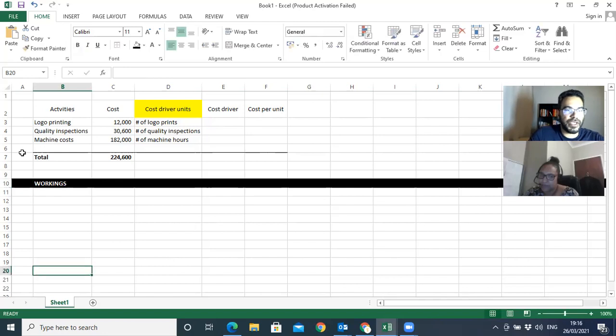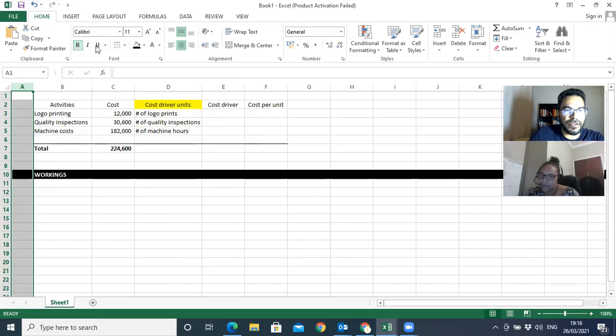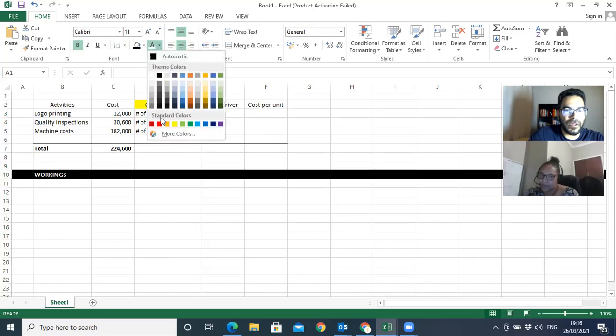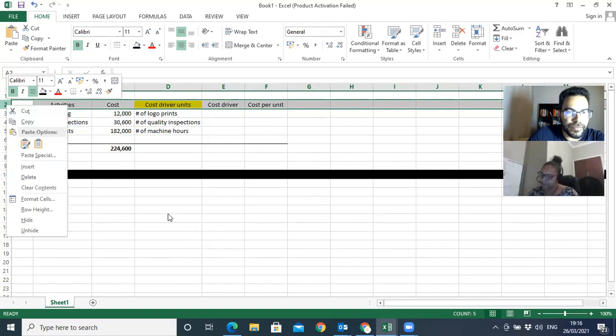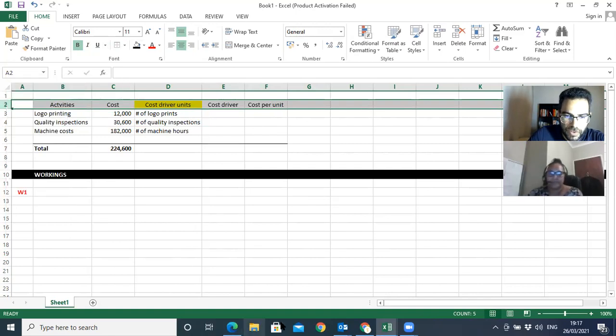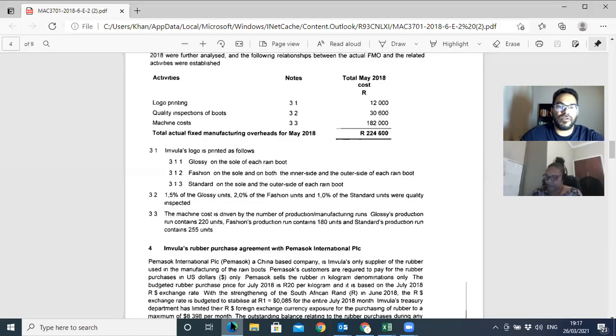So there are the workings. I'm just doing some formatting. Here I'm going to have working 1, for my cost driver. Let's work it out. So they're saying glossy, 1 on each.